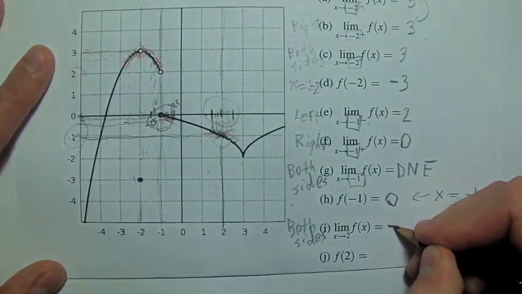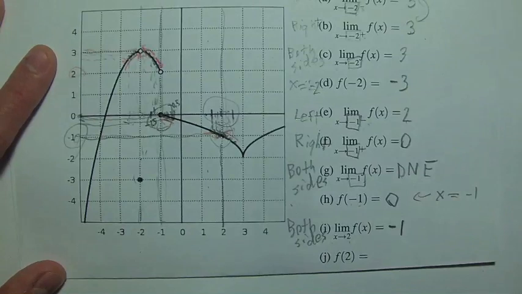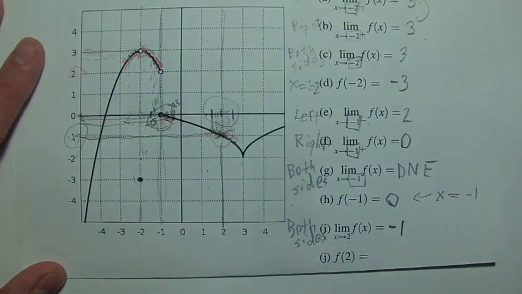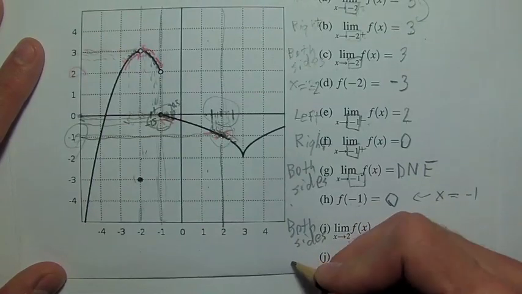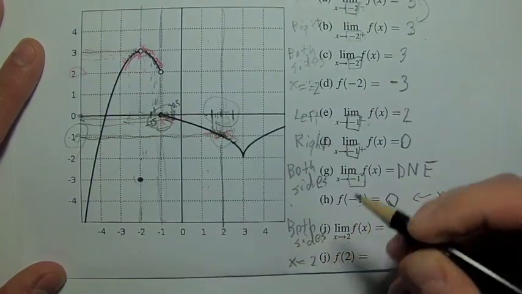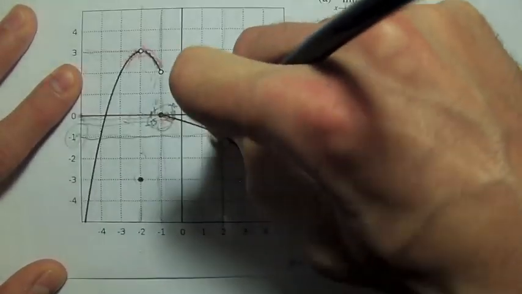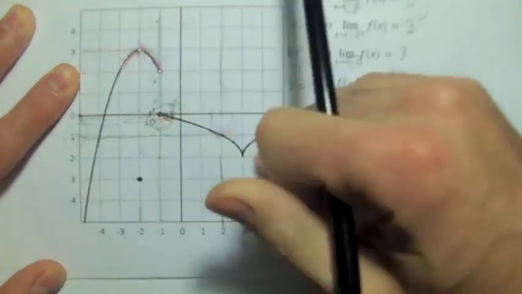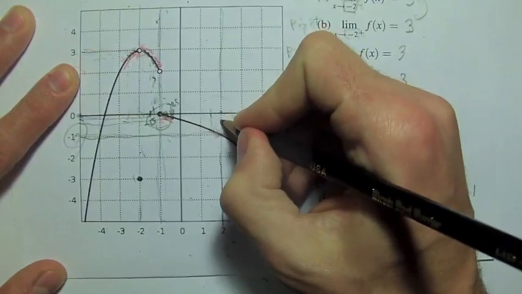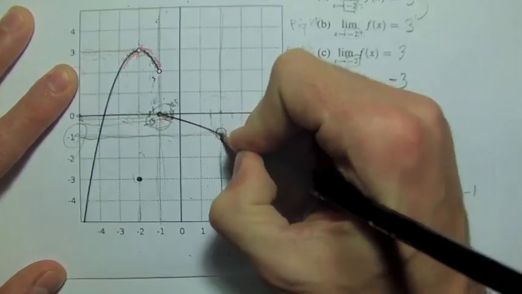Right, so I get negative 1 from both sides. Okay. Now f of 2, this is when x actually equals 2, and I kind of messed this all up, but when x actually equals 2, that's this point right here.